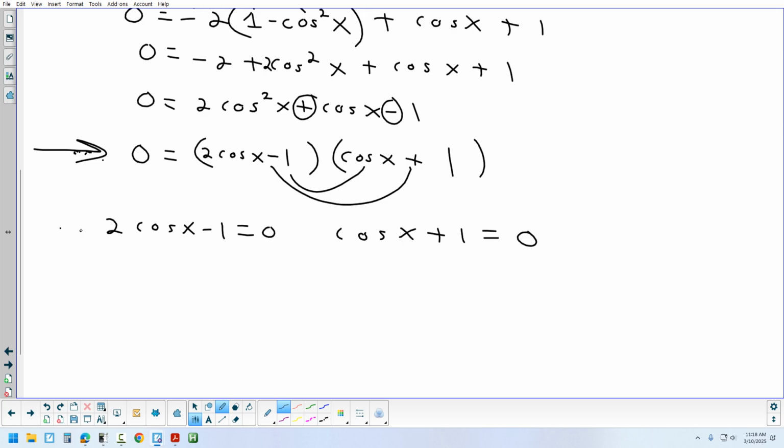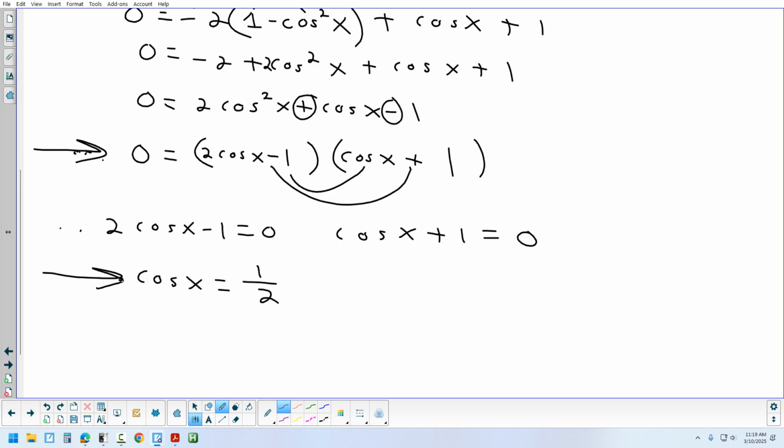How do we get cosine x by itself on the left? Add the 1 and then divide by 2. Now there'll be some problems in the homework that start you at this step. That's the simplest they can start you off with, because there's only one step left in that problem.